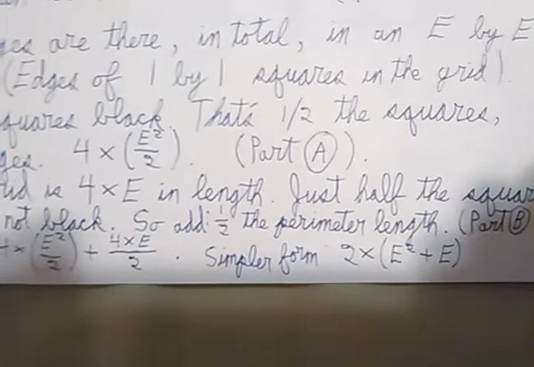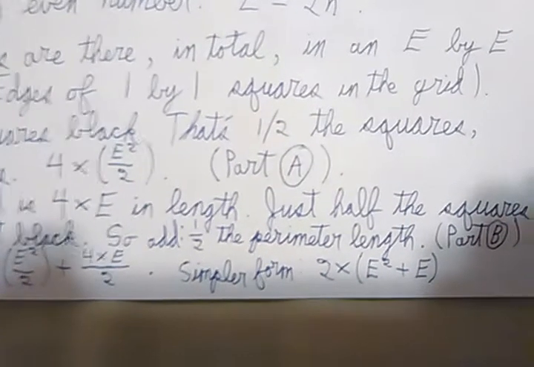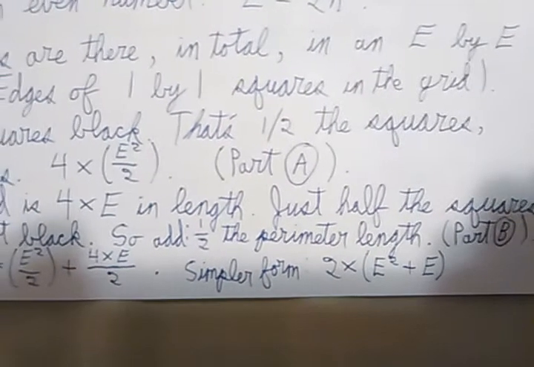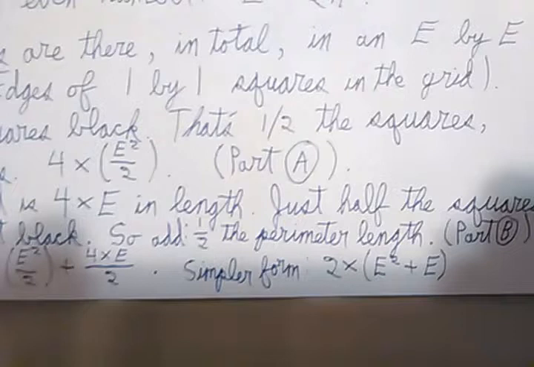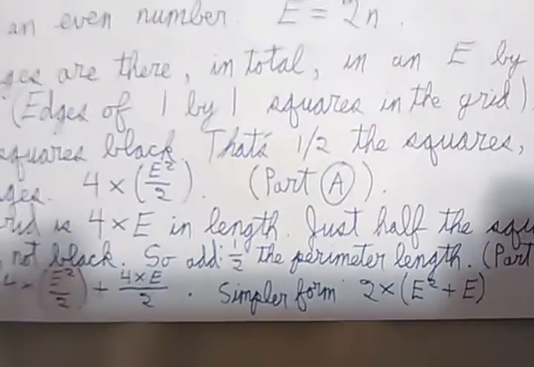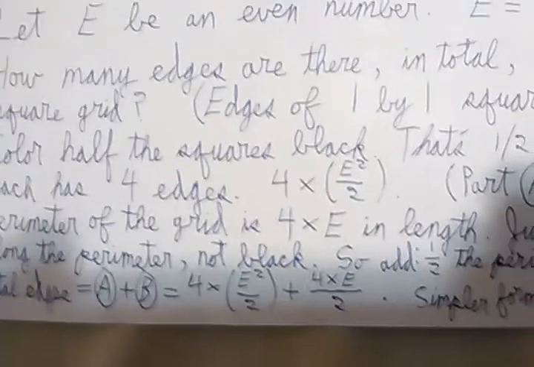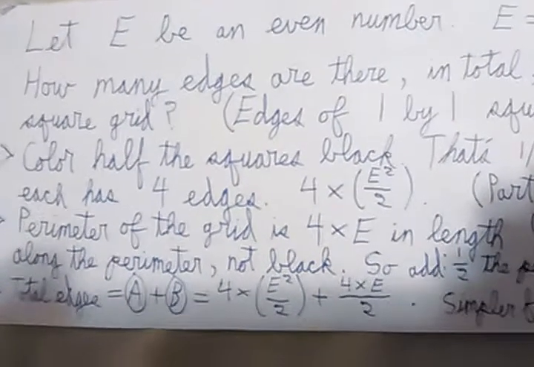Now, I'll just say to the astute problem worker that there are advantages and drawbacks to simplifying that. The advantage, of course, is that's a much shorter and simpler formula. In fact, you could also express that as 2 times E times the quantity E plus 1. But on the other hand, the drawback of the simpler formula is that it often doesn't tell you how you got there.